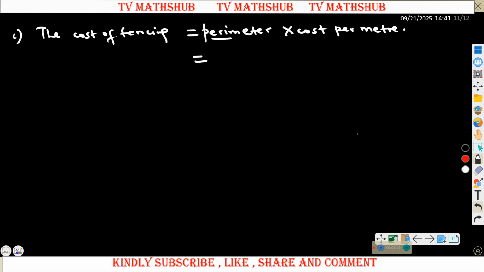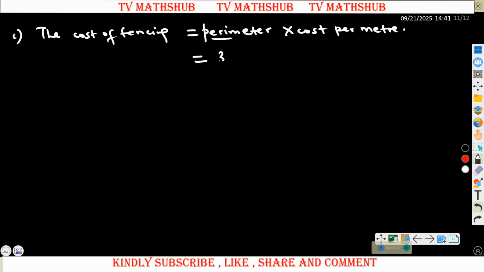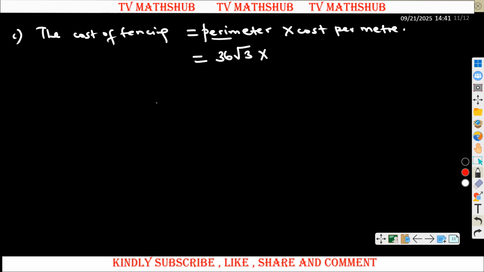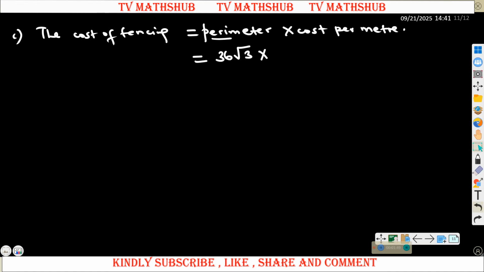So we have already got this value. It was 36 root of 3 meters. So it means this will be 36 root of 3 meters. But remember, each meter is worth 7,500. So this will give us the total cost of fencing the piece of land.